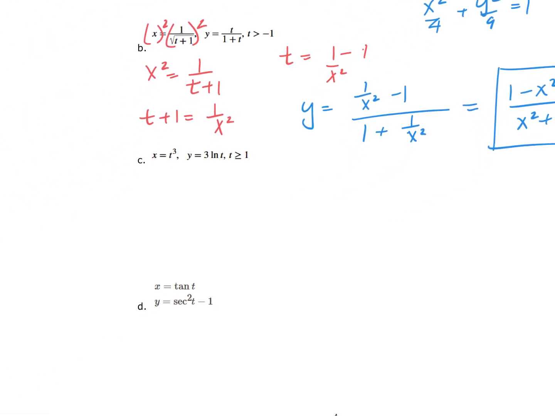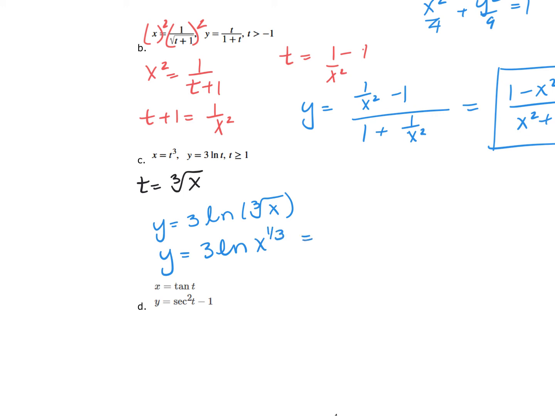Now, let's take a look at my next example here. I have x is equal to t cubed. So I'm going to write this as t is equal to the cube root of x. I'm going to put that into my other equation. So y is equal to 3 times the natural log of the cube root of x. I'm going to write this as y is equal to 3 times the natural log of x raised to the 1/3, because that's equivalent.